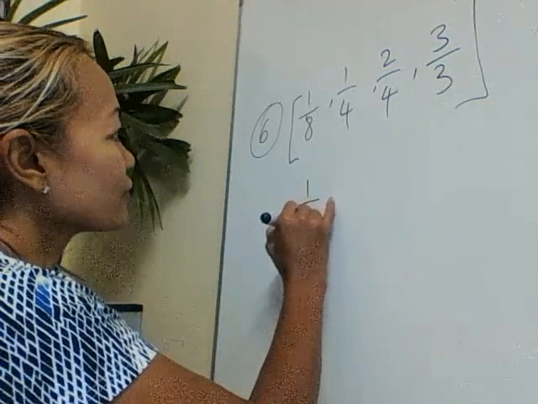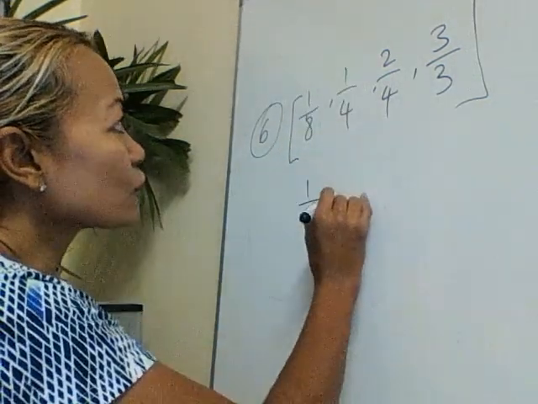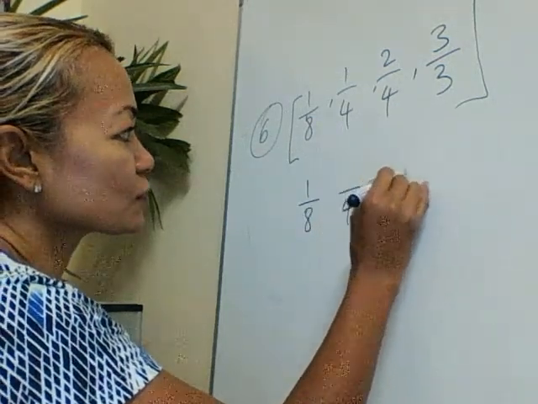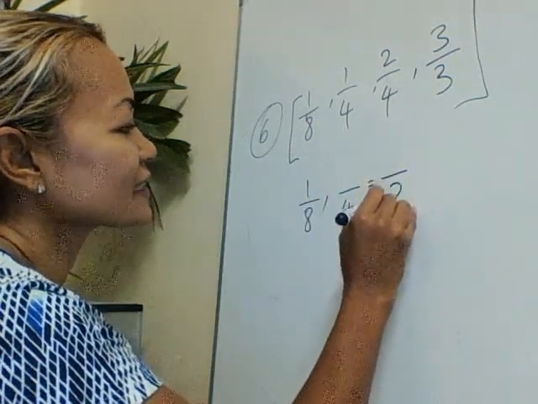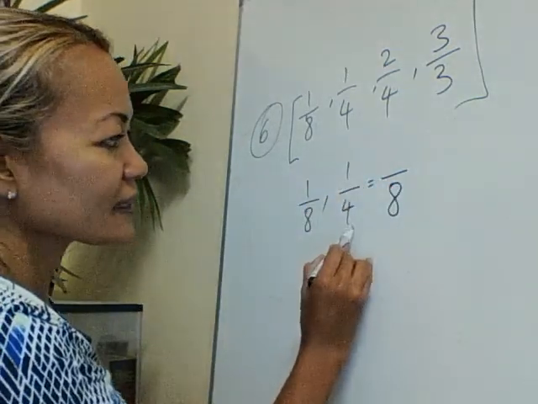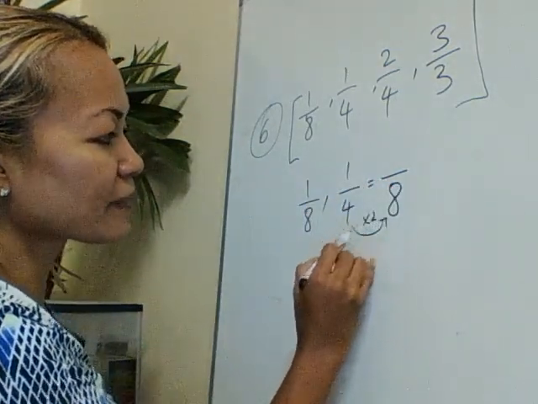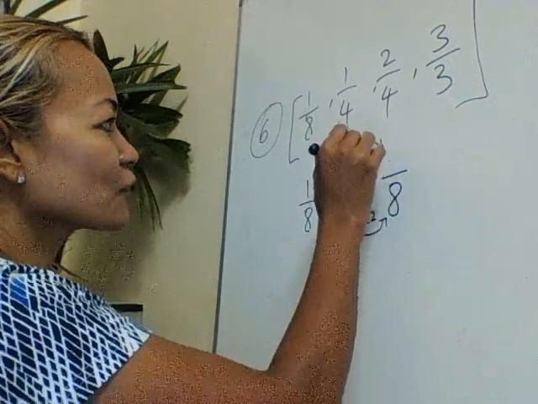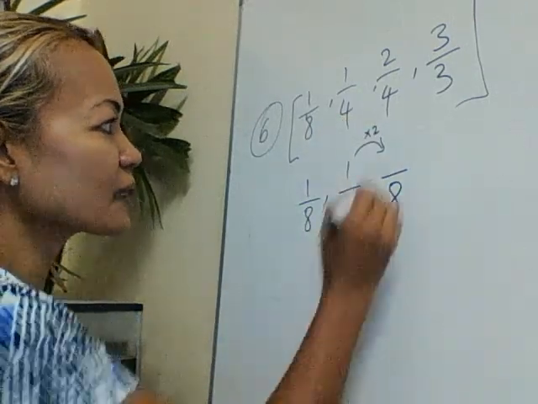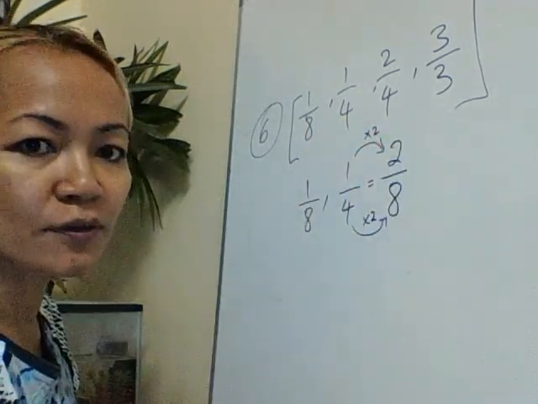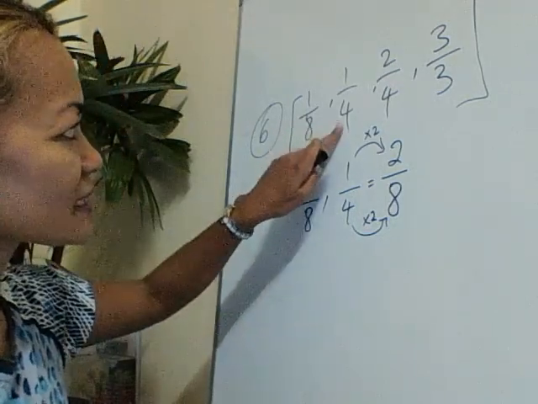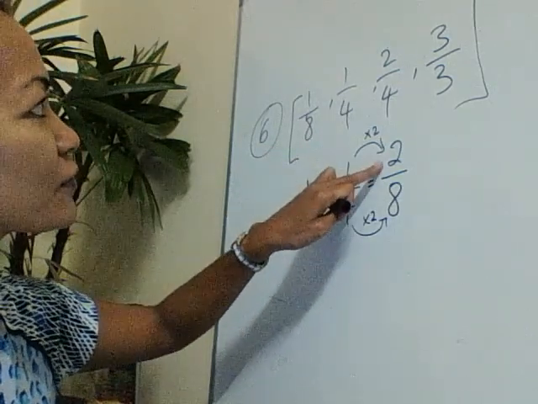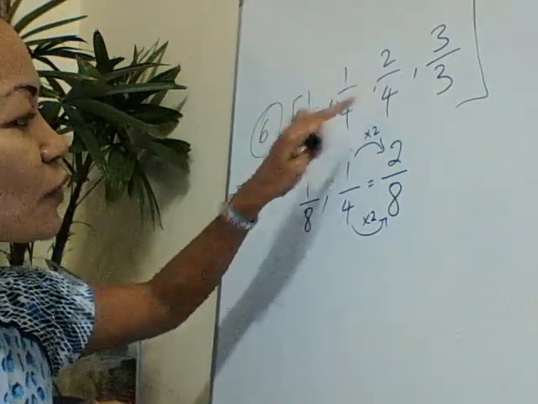So this is 1/8, this number, but this 1/4, if we were to convert it to over 8, this number to this number, you must multiply by 2 in order to get from 4 to 8. So the old rule, you multiply by 2 on the top as well, and it's equivalent to 2/8. So this number here, 2/8, is the equivalent fraction. So you have 1/8, 2/8. Now you have 2/4.